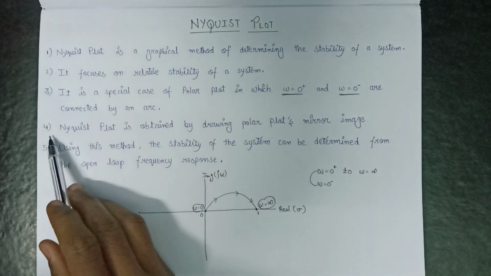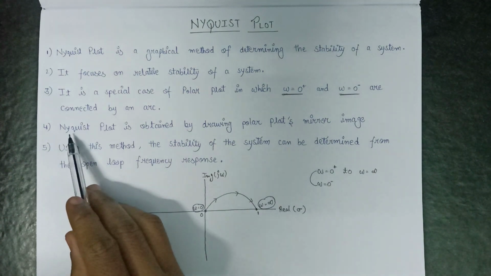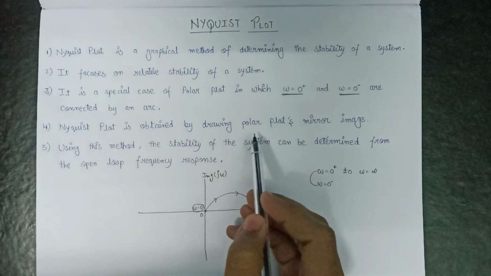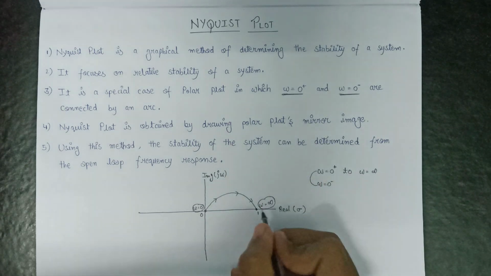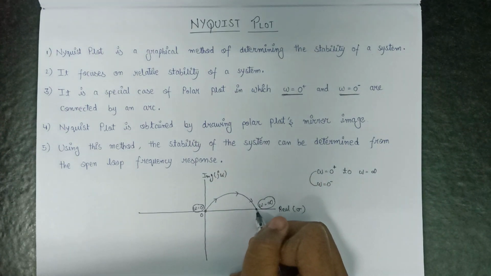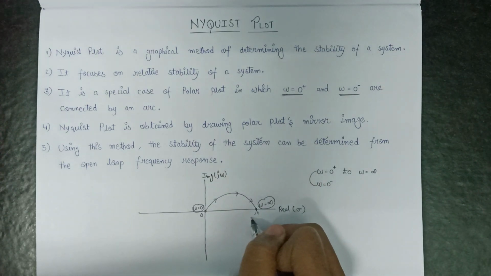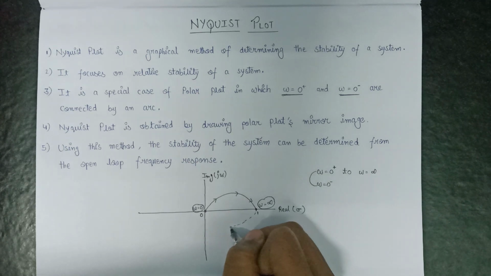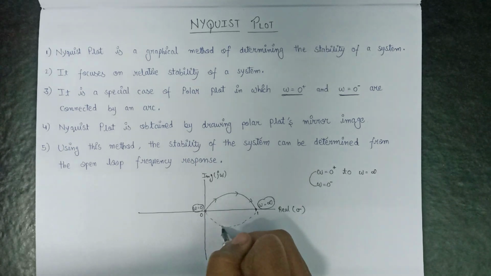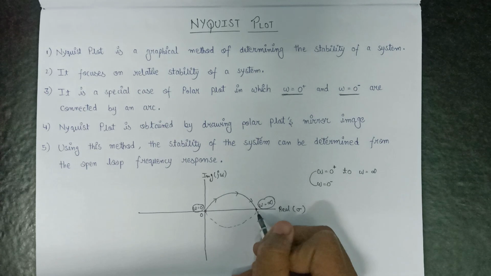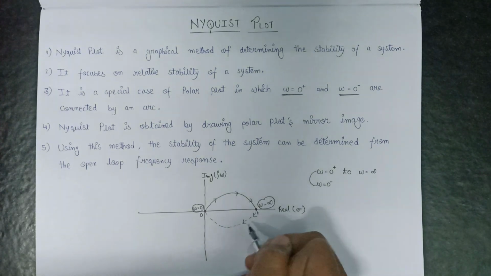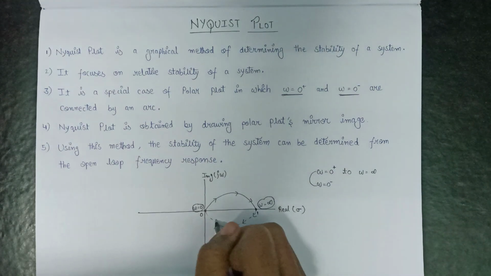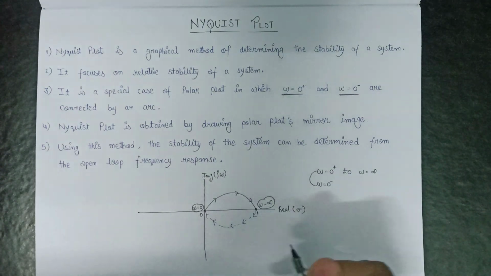According to rule number 4, the Nyquist plot is obtained by drawing the mirror image of the polar plot. So let us draw the mirror image of the polar plot. Its mirror image will look like this. Since it originates from this point, we have to draw its mirror image in this direction only.